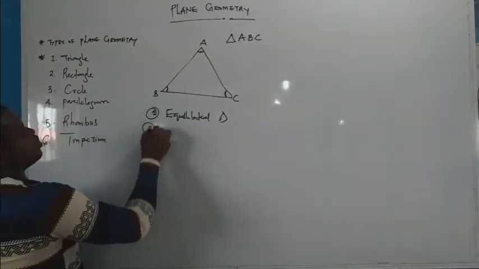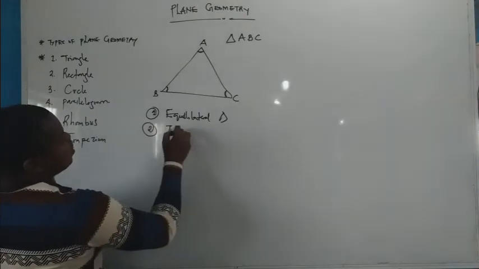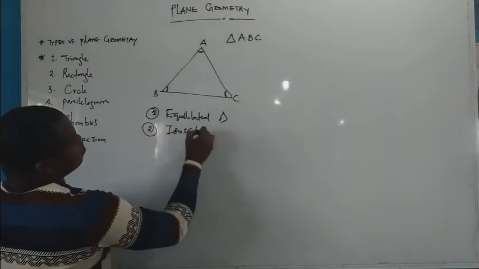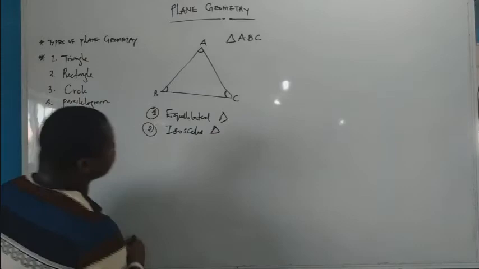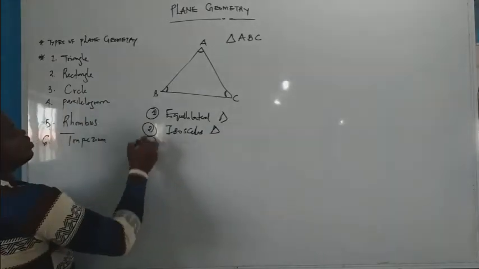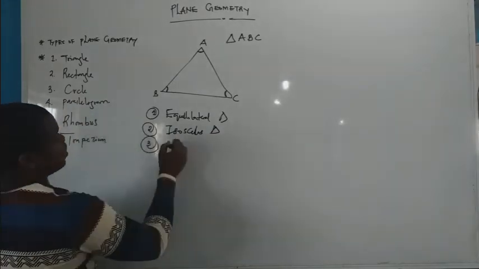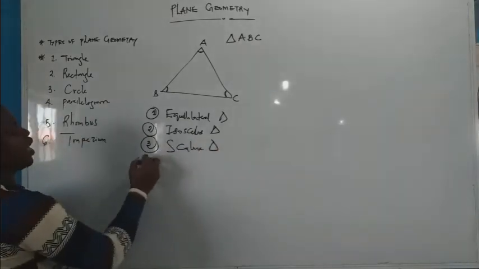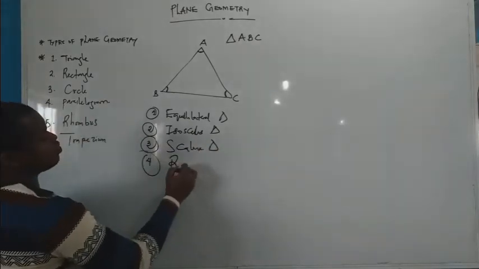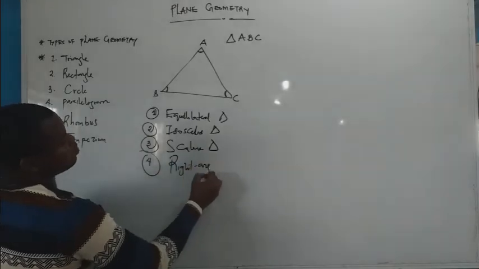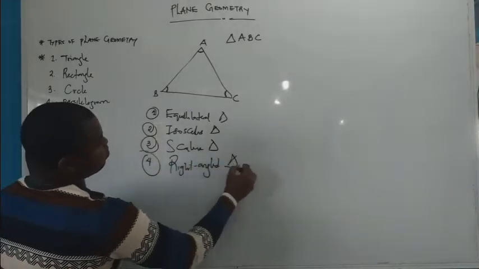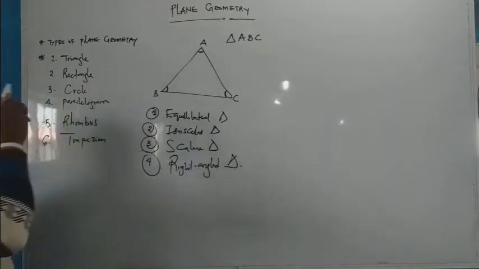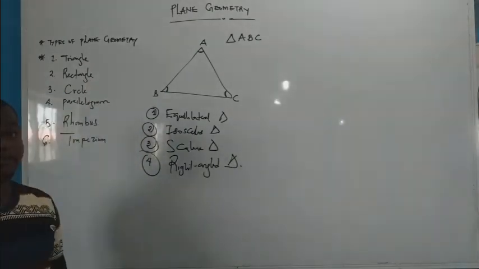The second one is your isosceles triangle. The third one is your scalene triangle. The fourth one is your right angle triangle. So these are the types of triangle we have.